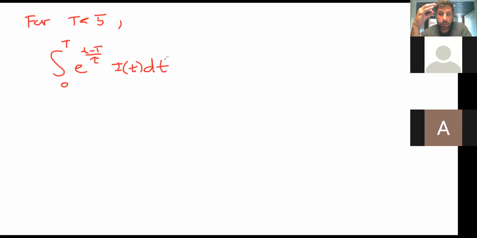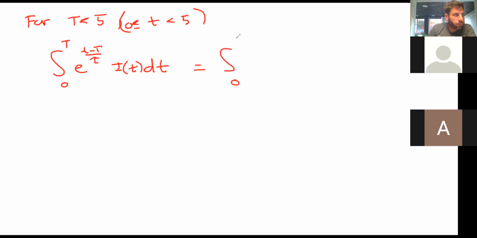For t less than 5, that's capital T. What is little t? Lowercase t ranges from 0 to t. So little t is clearly greater than or equal to 0, but also less than 5, because the domain of integration is from 0 to something less than 5. So this equals the integral from 0 to t of 0 dt.